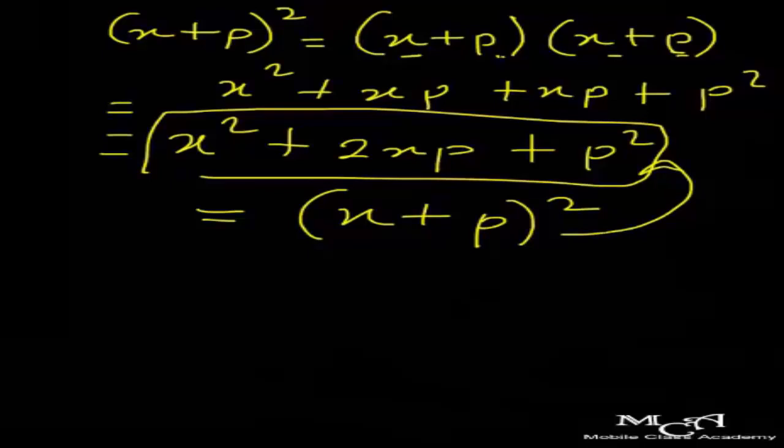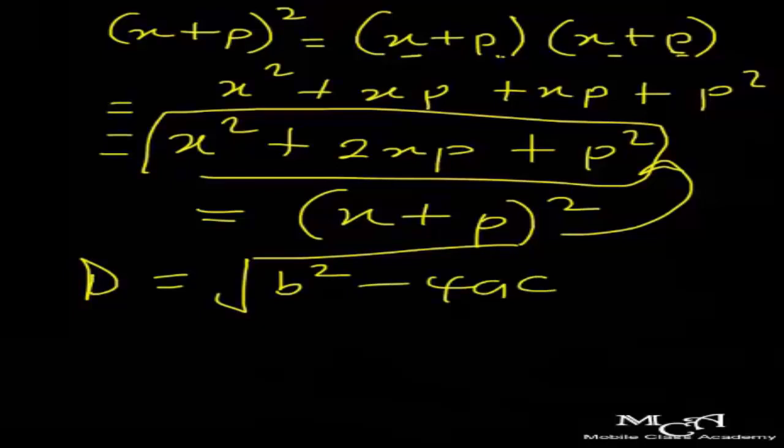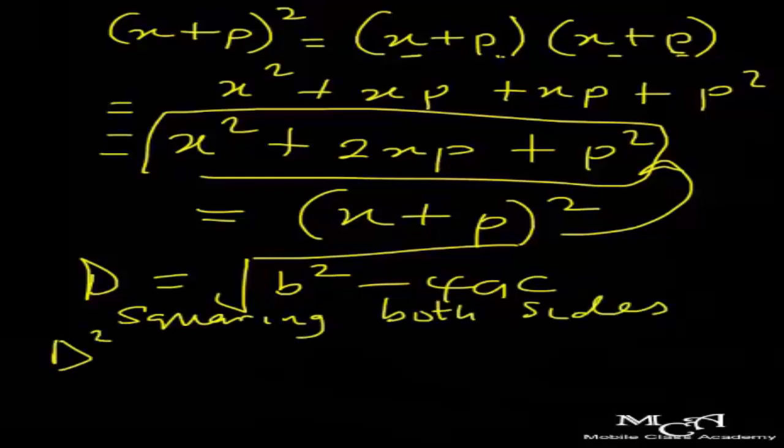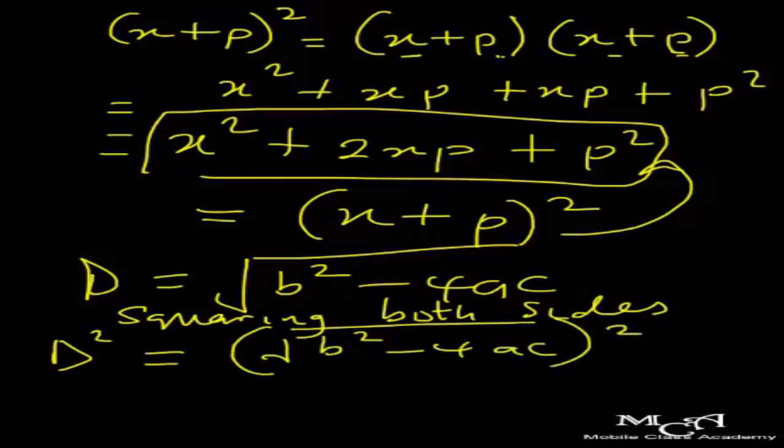Now, there's something you need to know about perfect squares. You recall that your discriminant d is equal to the square root of b squared minus 4ac from your standard formula. If I square both sides, I have d squared equal to the square root of b squared minus 4ac all squared.